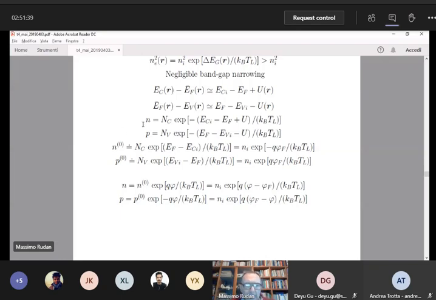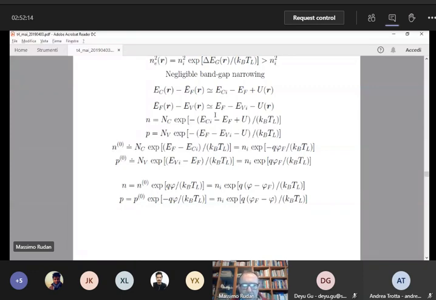Of course, you are left with NC exponential of EF minus EC. But we already met an expression like this, and after some manipulation, you remember, due to the introduction of the Fermi potential, we have that N up 0 can be written as Ni exponential of minus Q phi f over kT.